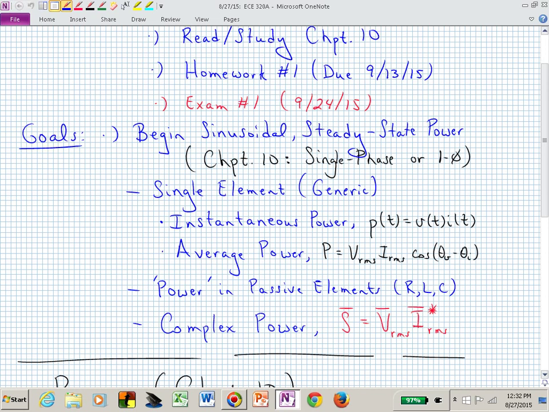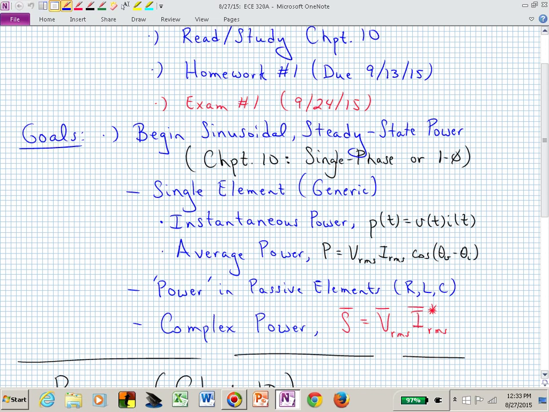Contrasting that with the last equation on the screen, which is complex power, I may be consistent, I may not, but that one now has bars over it. That means those are phasors. Complex power is a complex number, which could be written in rectangular form or polar form.